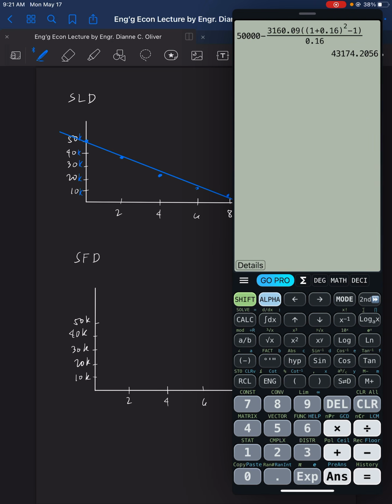So in the graph, for the second year, we have 43,174. At first we have 50, then we have 43, somewhere there. Next, the fourth year is 33,000. Next, the sixth year is 21,630, approximately there. Then the eighth year is 5,000 pesos.